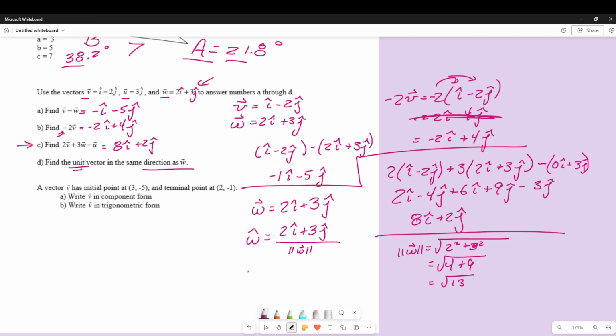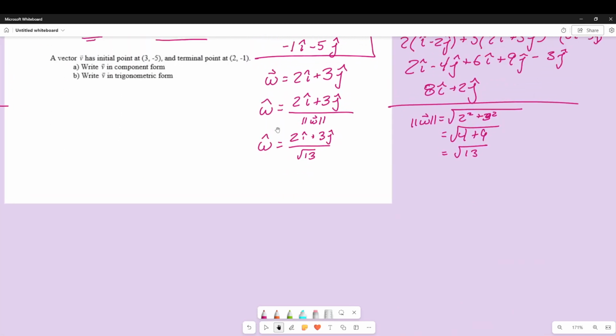So we're going to take our vector W, the 2i plus 3j, and divide by the square root of 13 to make it a unit vector in W's direction. So we're going to divide that into both pieces.